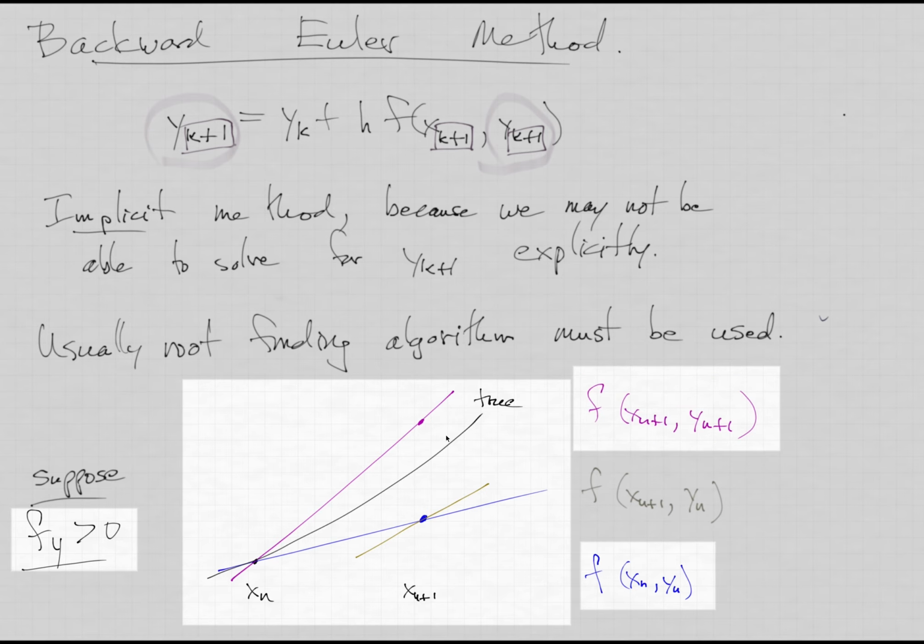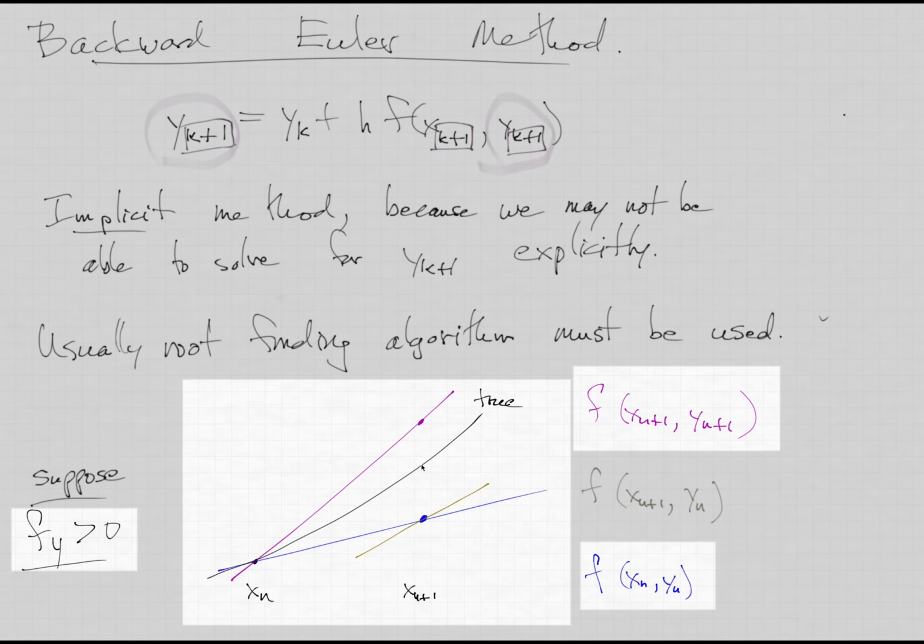So because f sub y is positive, we would expect the slope calculated at the new point, which is going to be at a bigger y value, to be bigger, and therefore the slope will be steeper at this point, and therefore the Euler-Backward method will give you an overestimate, a higher estimate than the true value.